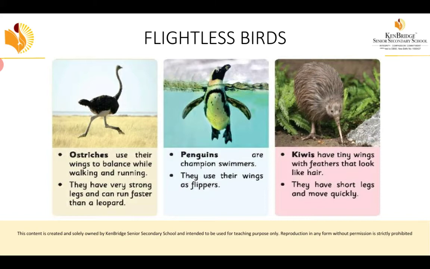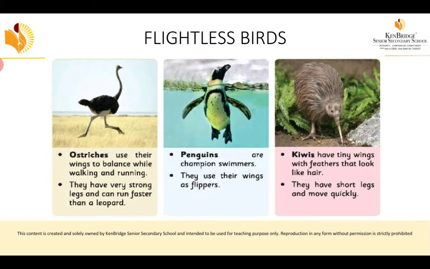These 3 birds do not use their wings to fly. The ostrich uses its wings to balance while walking and running. It has very strong legs and can run faster than a leopard.